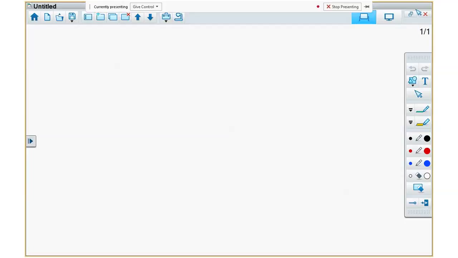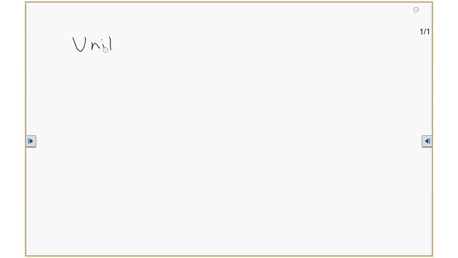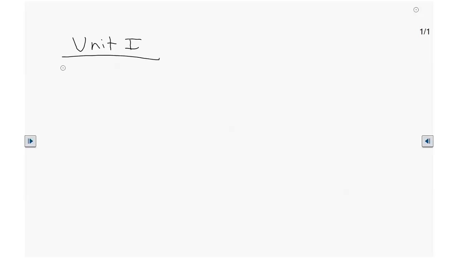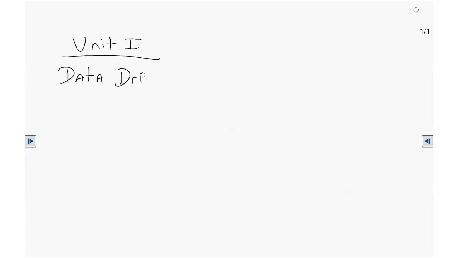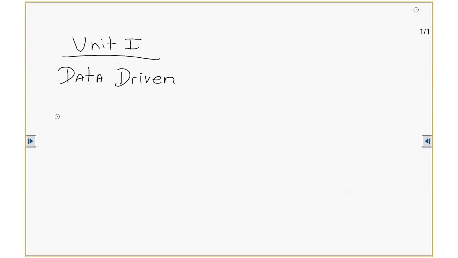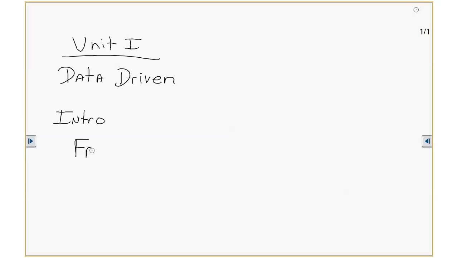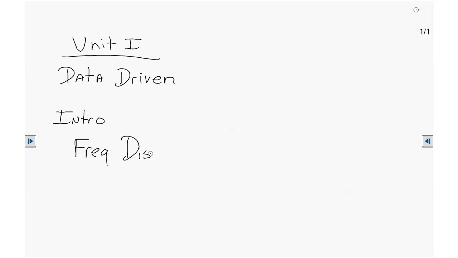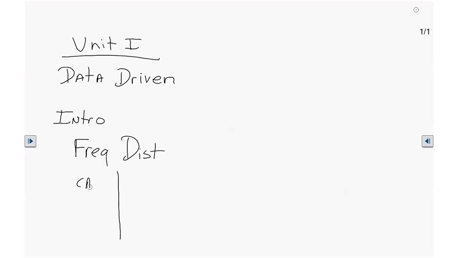Now, that was the first unit. Unit 1. You reviewed how to find the mean, median, and mode of a data-driven set, and you were introduced to what we call a frequency distribution, which is classes on one side and what?